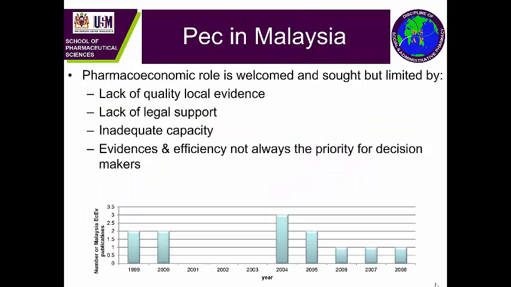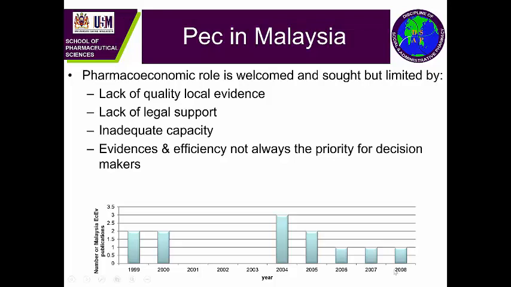So in Malaysia, we have made it more or less required to have pharmacoeconomic evidence for clinical decision making or reimbursement decision making. But we are limited by the lack of quality local evidence.